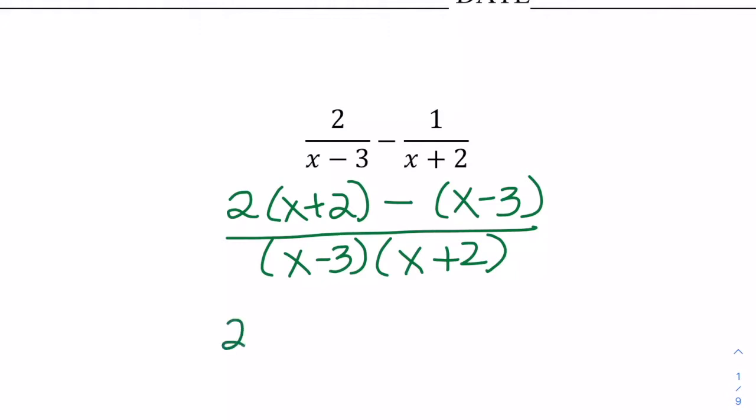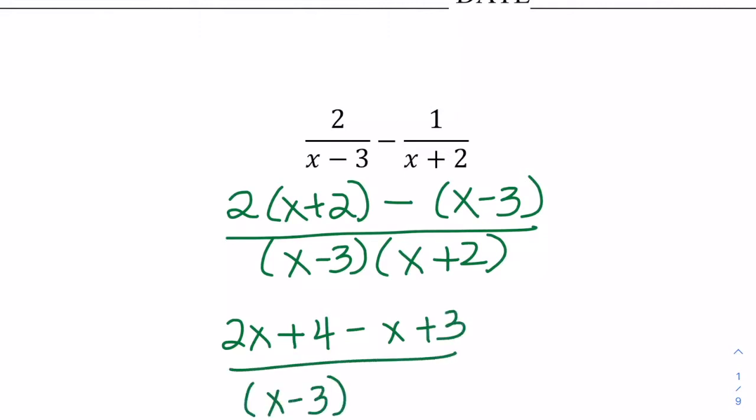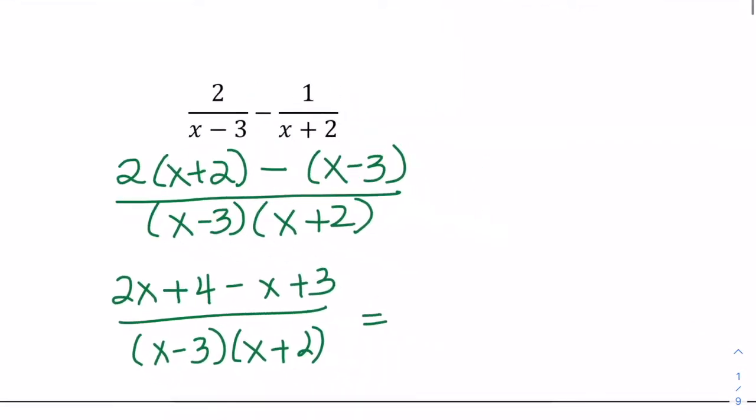We would multiply and distribute in the numerator, and then eventually combine like terms. Let me write it over here, and we would get x plus 7 over, and we could FOIL this out, we get x squared minus x minus 6.